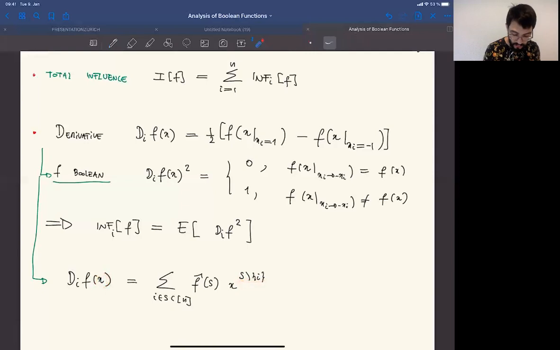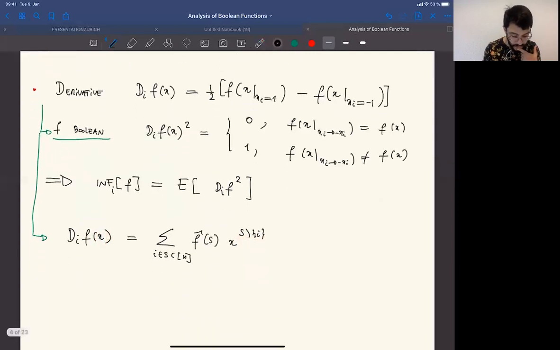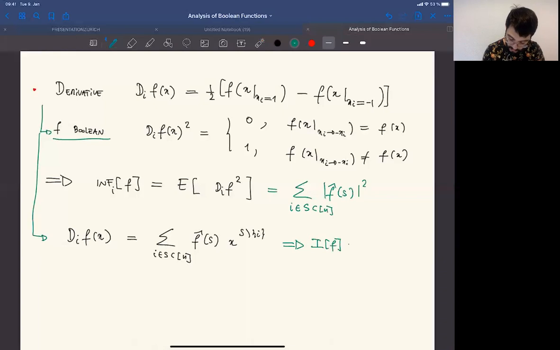So that's why we remove the i from these sets. Therefore, we can write this in terms of Fourier coefficients. And so you can also conclude that the total influence will be a summation of these things, which will be exactly this computation.